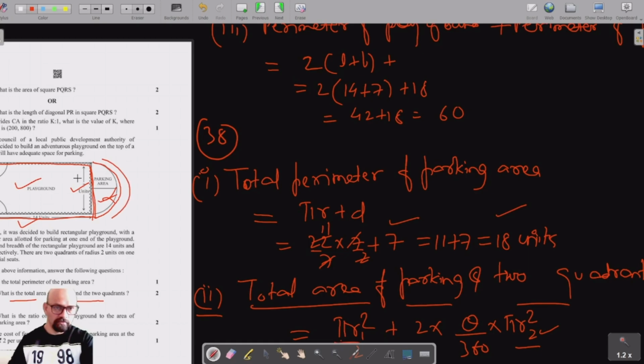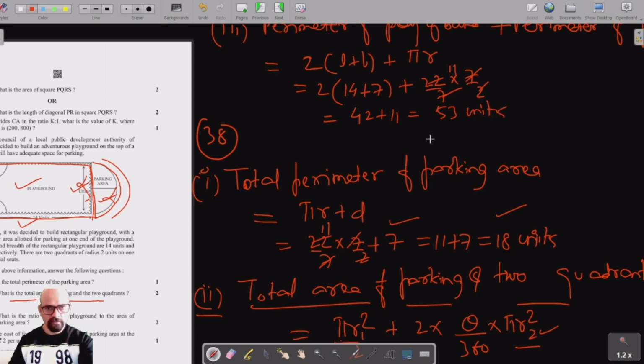We will just consider this because this is already included in the playground. And now this is pi r. So pi r is 22 by 7 into radius 7 by 2. So this is 11. So that means we have to add just 11 to the perimeter of the playground, which is 42 plus 11, this is 53 units.